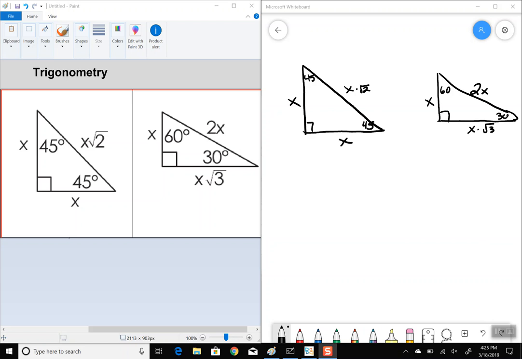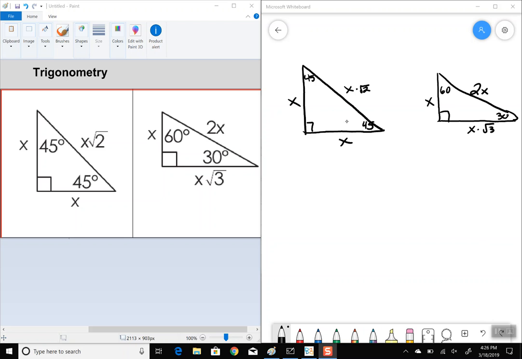And what it basically says is that if you have a 30, 60, 90 degree triangle, if you know any of the sides, we'll see, but let's say that you know the height of the smallest side, then whatever this number x is, the hypotenuse will be 2 times as big, and the other base, the longer base, will be whatever that is times the square root of 3.